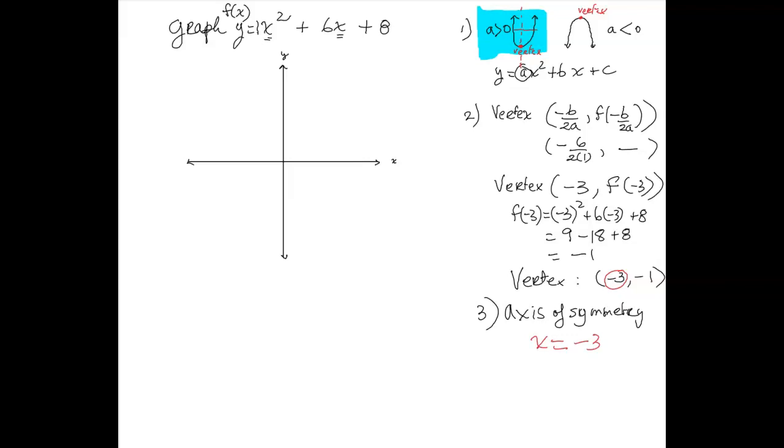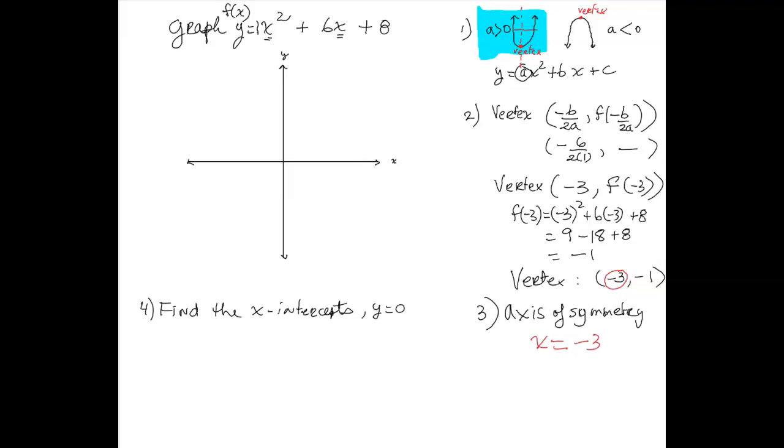So let's find, number 4, the x-intercepts, if there are any. Basically the x-intercept is when y equals 0, right?